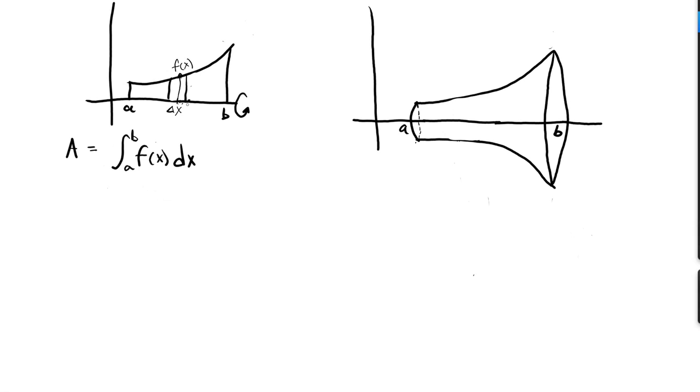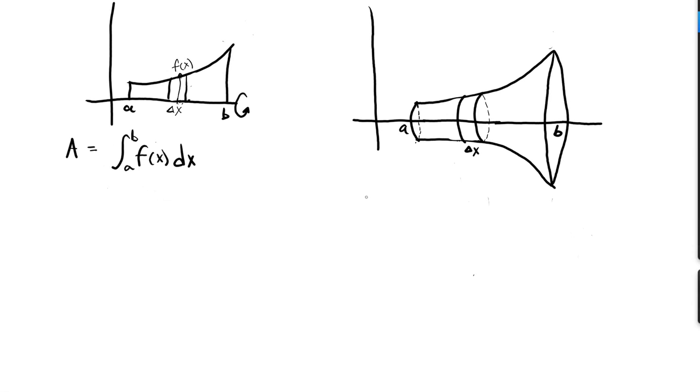But a slice over here is a rectangle, and a slice over here has to be a disk, because it has to take a nice disk shape out of our solid here. We still have the same delta x for the width, so we'll leave that.